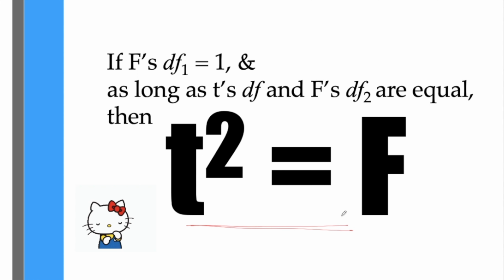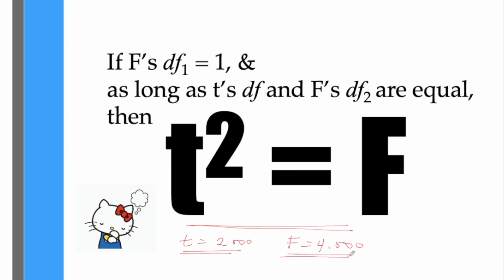Thus, it shows that if you are performing ANOVA and you have a particular value of f, let's say 4.0, rest assured that the result of that when using the t-test is equal to positive or negative 2. It is because when this is squared, that is equal to the f statistic.